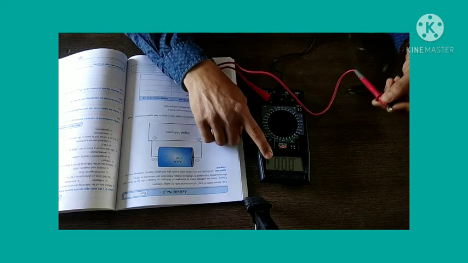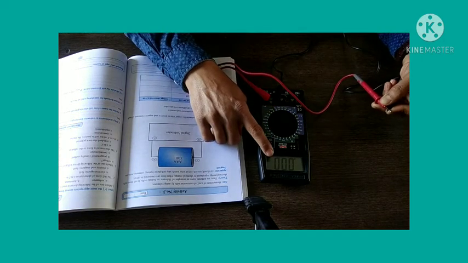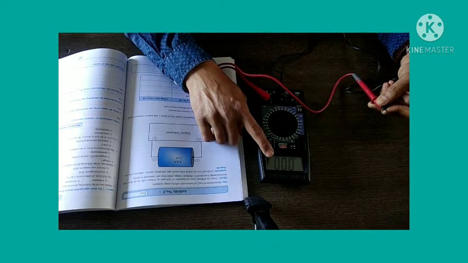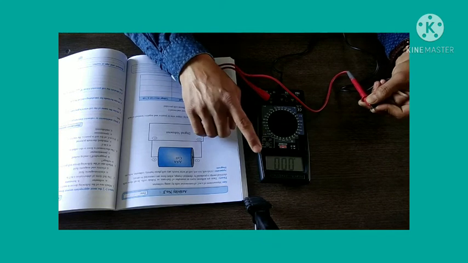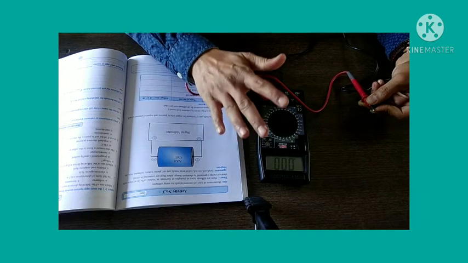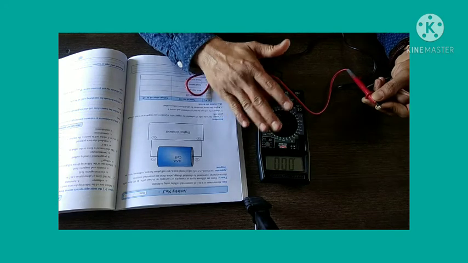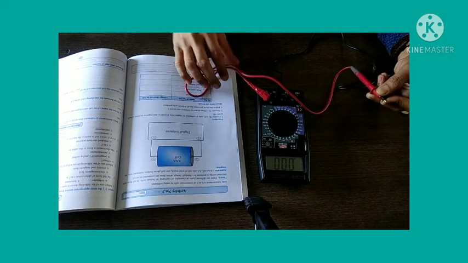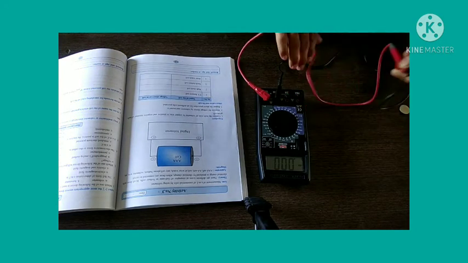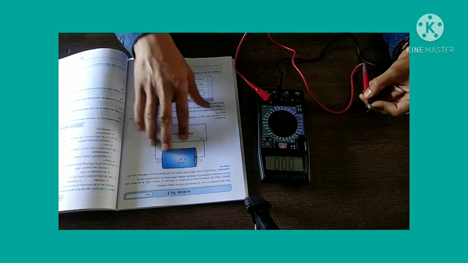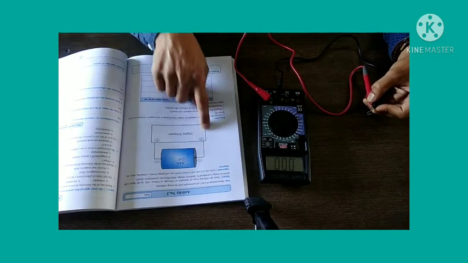When it shows 0.00 reading, it is said that this multimeter is ready for taking readings. Students, if you will see our handbook, there is a diagram.